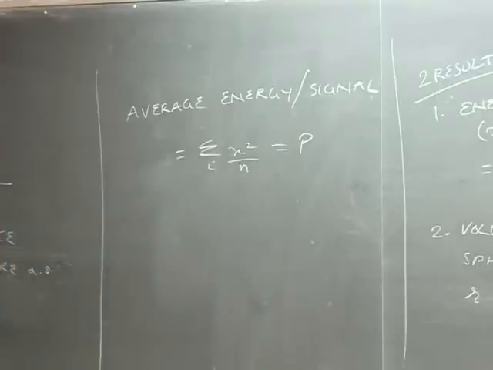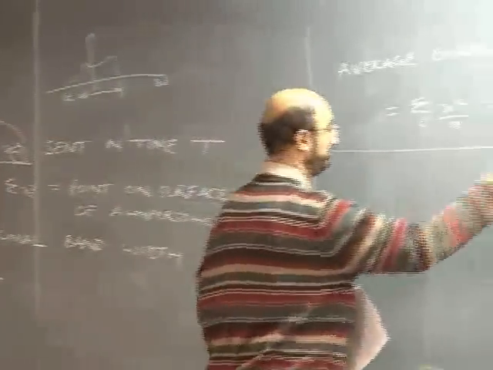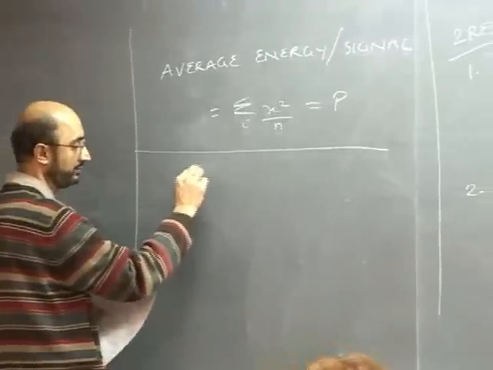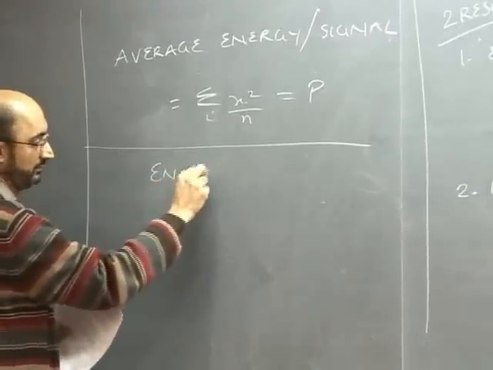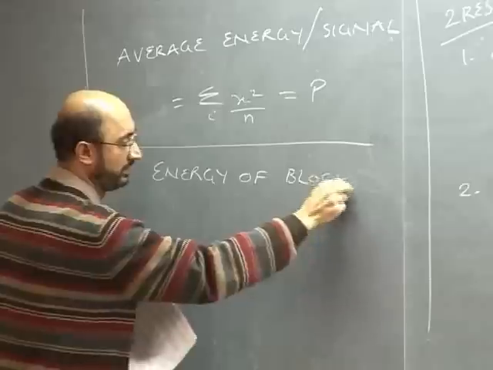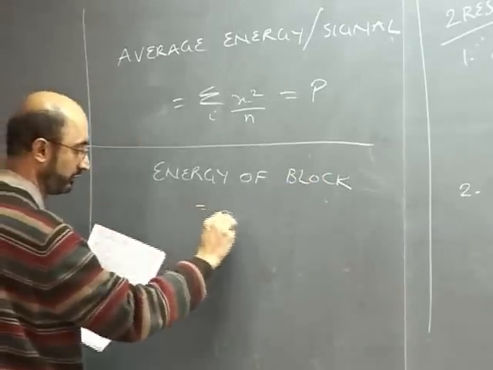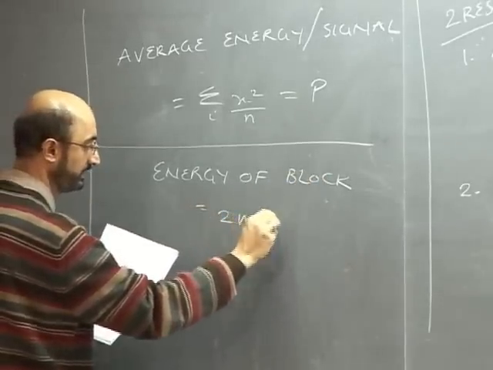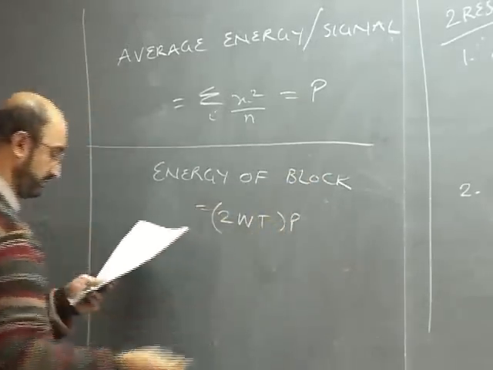And so what is the energy associated with this 2Wt? It's going to be the energy of the block, 2Wt times P.